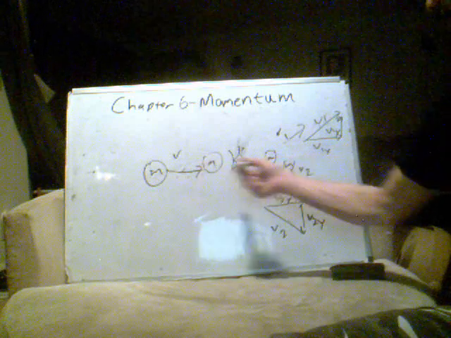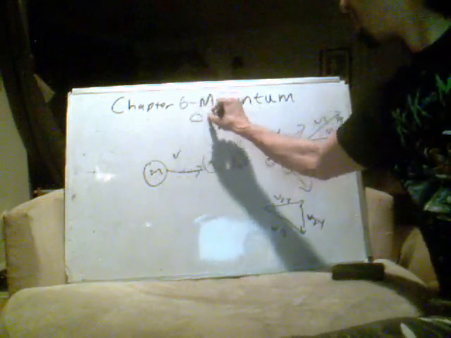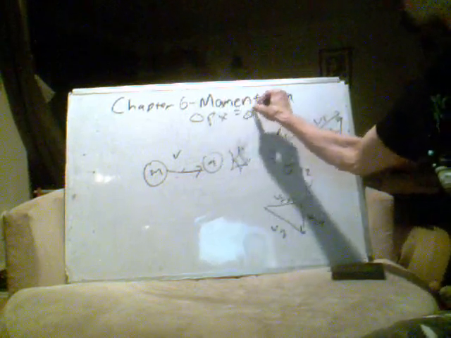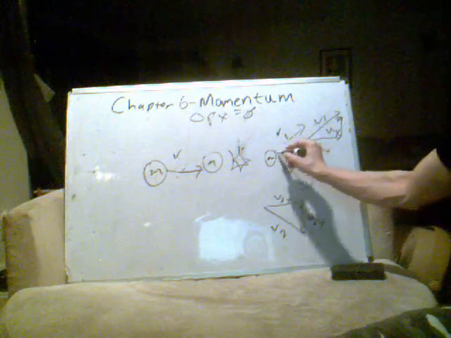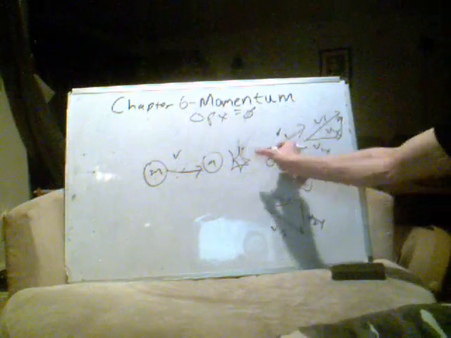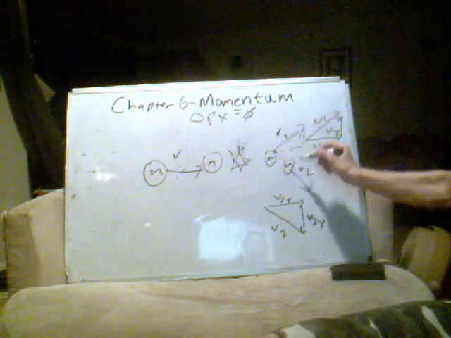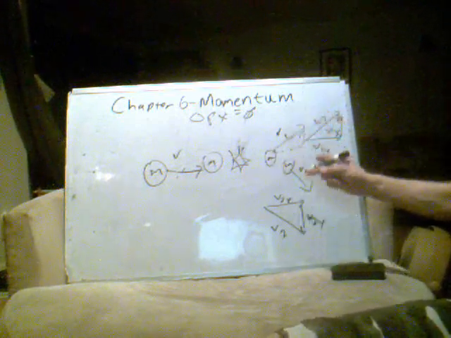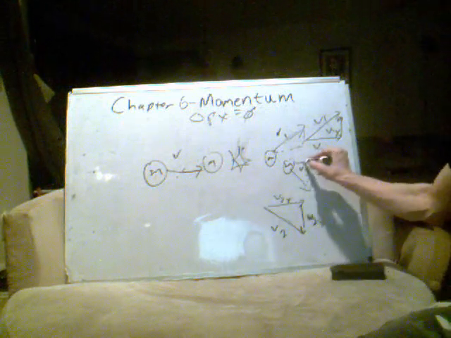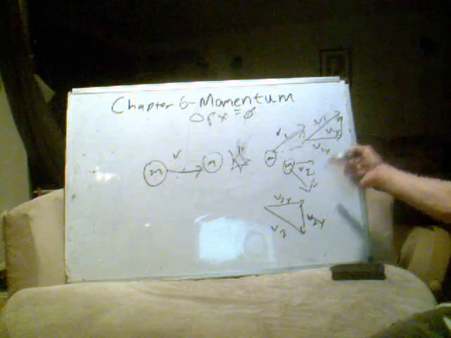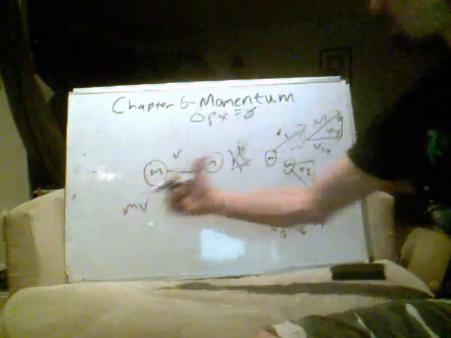So before, if we look at just the x momentum, this mass is going to have some momentum this way, right? It's moving this way, and it's going to move horizontally and vertically, right? So that means this one is also going to move horizontally and vertically, right? So before we have mv horizontally, right?